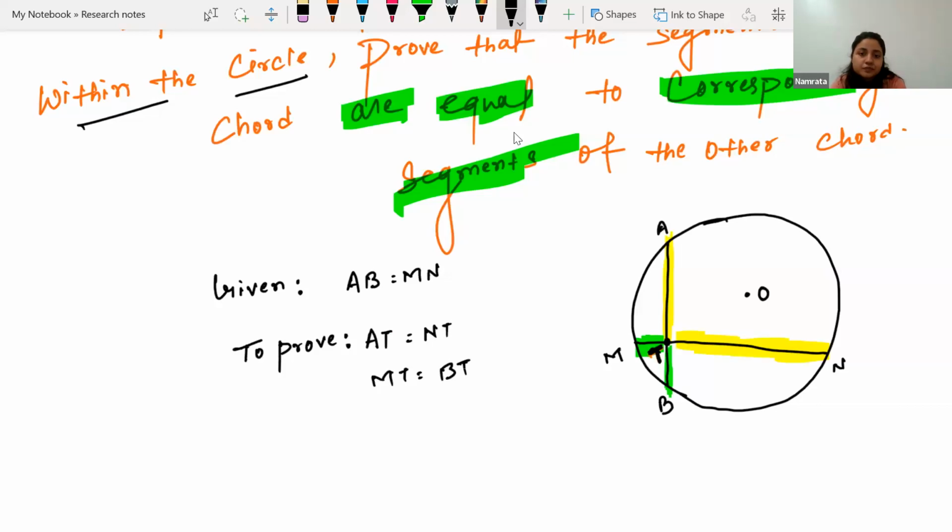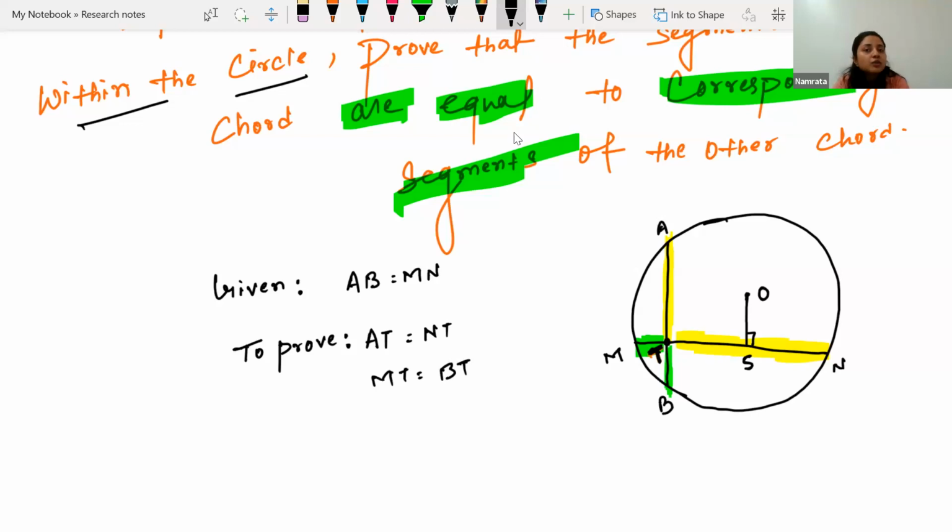Now let's see how we can do so. First thing first, we will be dropping a perpendicular on the chord MN. I am saying that this perpendicular is bisecting the chord MN. If this is the point S, then I will say that MS and NS both will be the same. Why?